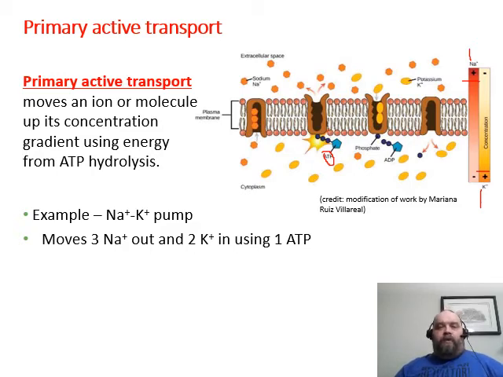By pumping sodium out, the cell keeps as little free sodium inside the cell as possible. And then the flip side, potassium: keep as much potassium inside the cell as possible. This will have implications for other metabolic functions, but that's the role of the sodium-potassium pump.